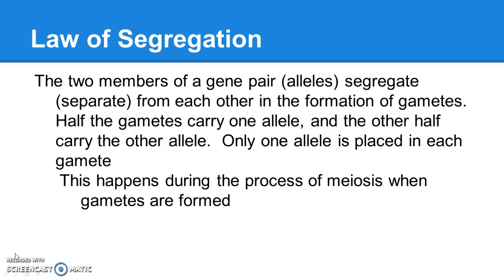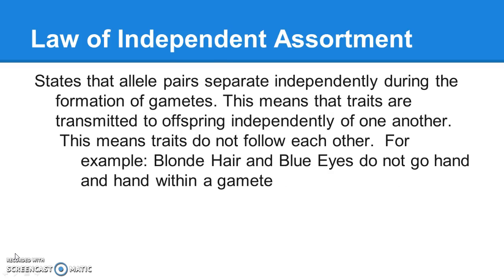Remember, gametes are sex cells, and half of the gametes carry one allele and the other half carry the other allele. Only one allele is placed in each gamete. So we can only donate one allele to the new organism, but the other parent is going to donate the other allele. This happens during the process of meiosis when we are forming those gametes.